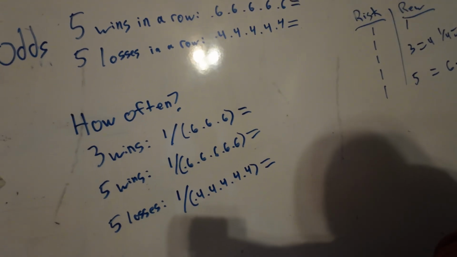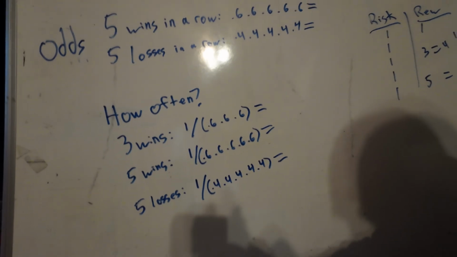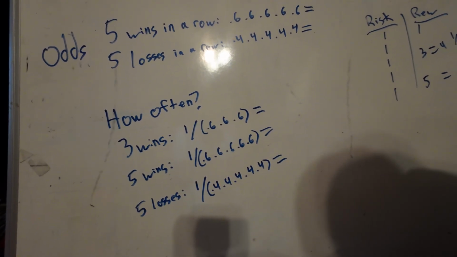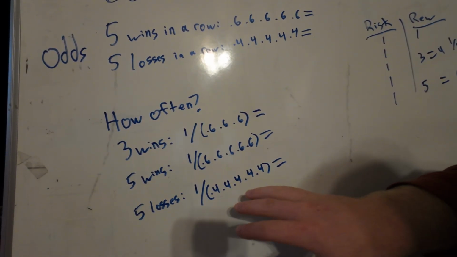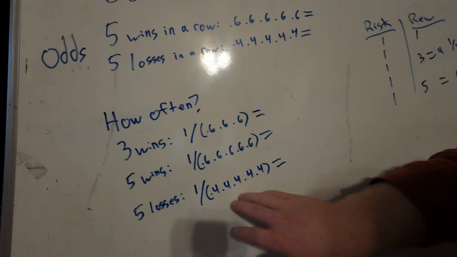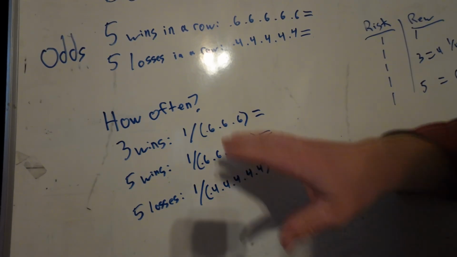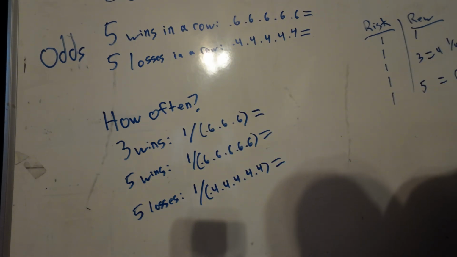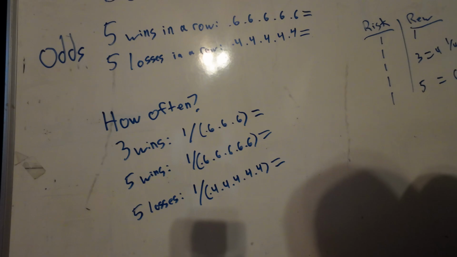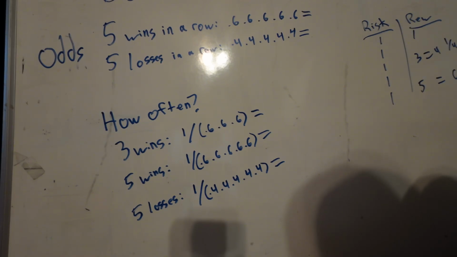How about losses? Losses are probably more important to understand, to know how many losses we can expect from our system. So let's do 5 losses in a row. That kind of sucks, especially with a higher win rate like 60%. So how often does that happen? You do 0.4 times itself: 1, 2, 3, 4, and 5.